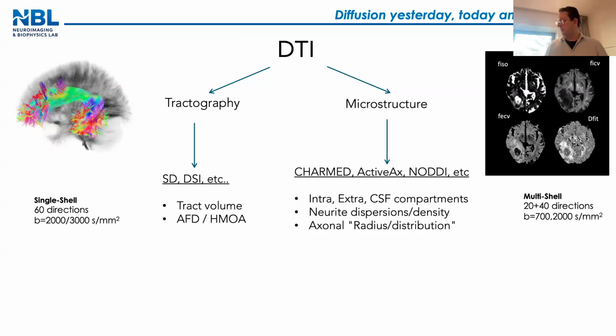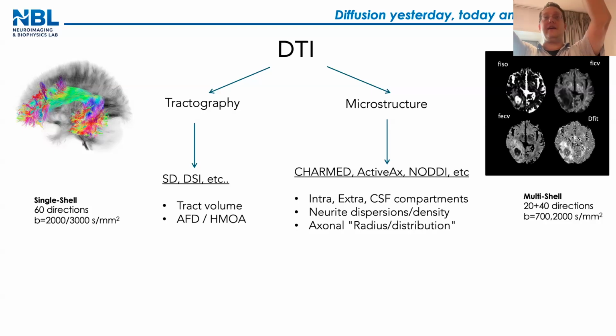So people decided to sacrifice angular resolution for resolving crossings to get more shells: 20 directions at b 1000 and 40 directions at b 2000, or 20 directions at b 700 and 40 directions at b 2000. I'll explain in a second why we need more shells. The community was a bit split.